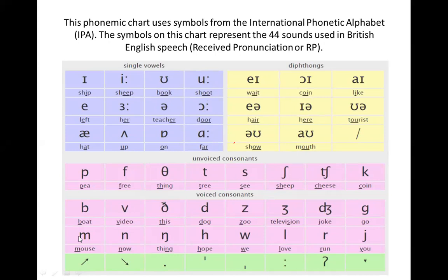When I say boat, there's a vibration in the larynx and pharynx, the vocal cords. There's a vibration when I say boat, video, dog, zoo, television, joke, go. Whereas in unvoiced consonants, there's no vibration at the vocal cord.